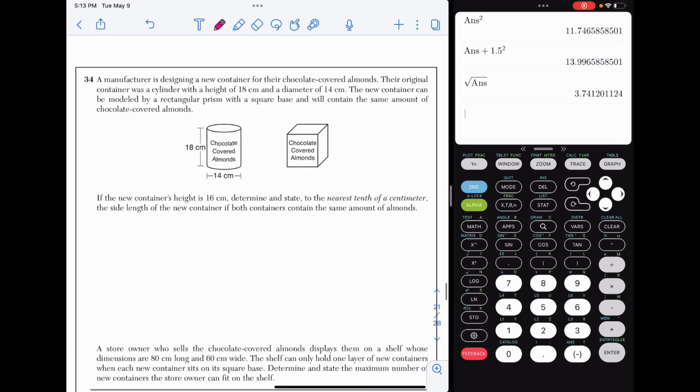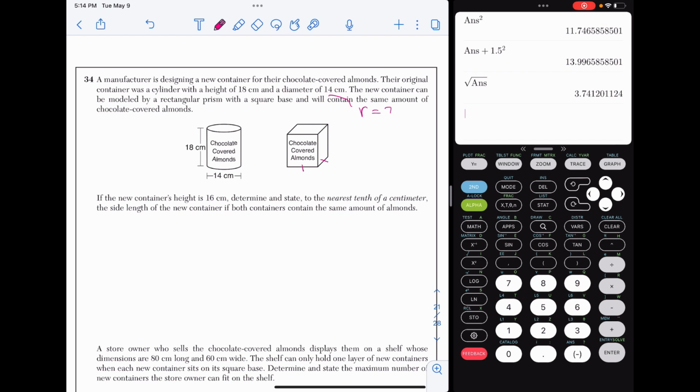All right, our last part 3 question, number 34. A manufacturer is designing a new container for their chocolate-covered almonds. Their original container was a cylinder with a height of 18, diameter of 14. Let's keep in mind that that means that the radius is 7. The new container can be modeled by a rectangular prism with a square base.